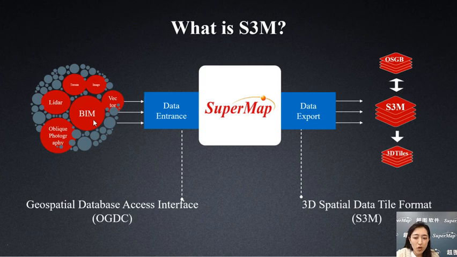We can import multi-source data like BIM, oblique photography, and LiDAR data into the GIS software through a unified data entrance, OGDC.